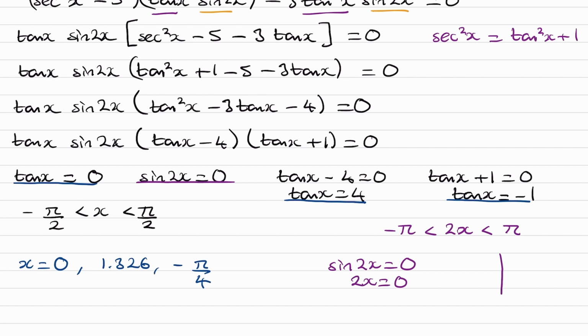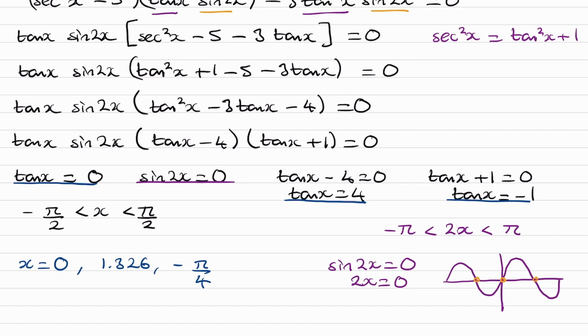And if we then think of a sine graph, our solution was over here. That's when 2x was equal to 0. And we get two other solutions here, and those would be at minus pi and pi, but our interval does not actually include minus pi or pi.